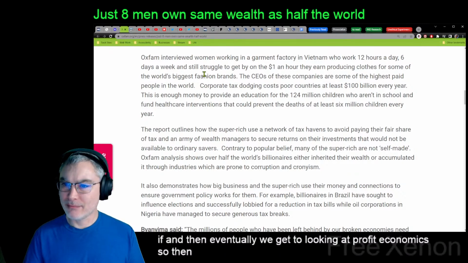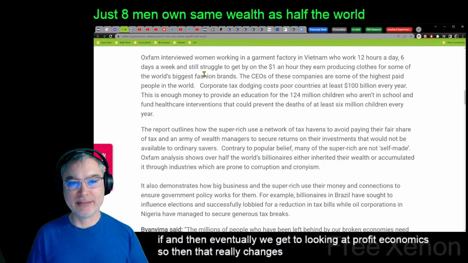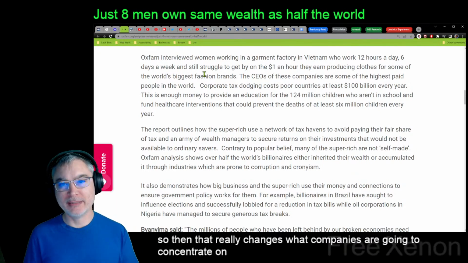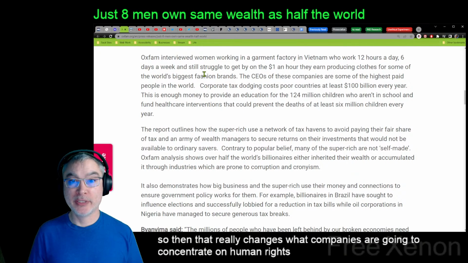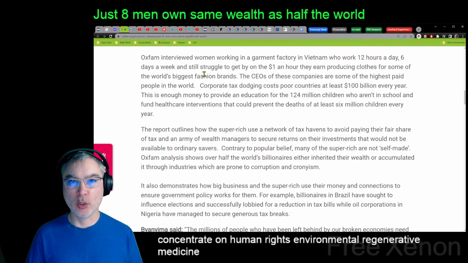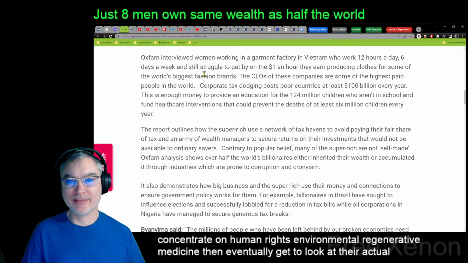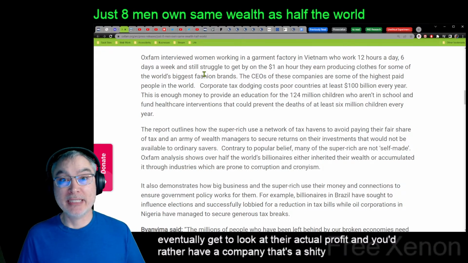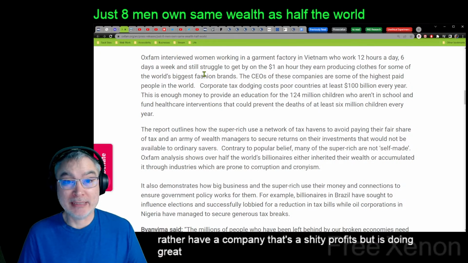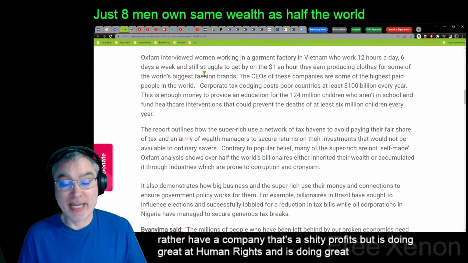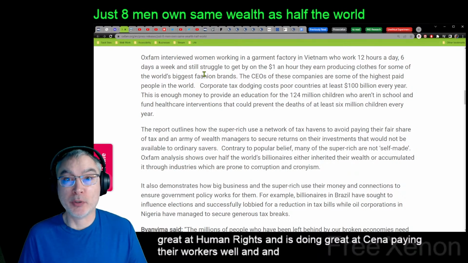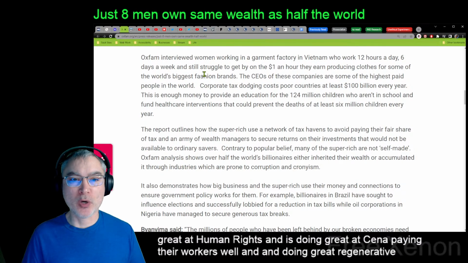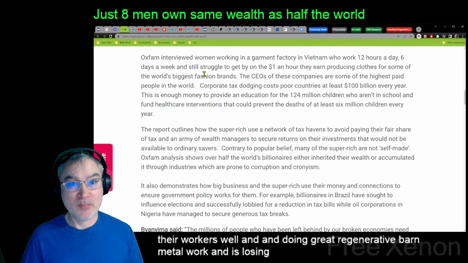So that really changes what companies are going to concentrate on: human rights, environmental regenerativeness, and then eventually we get to look at their actual profits. So we'd rather have a company that's got bad profits but is doing great at human rights, great at paying their workers well and doing great regenerative environmental work, and is losing money.